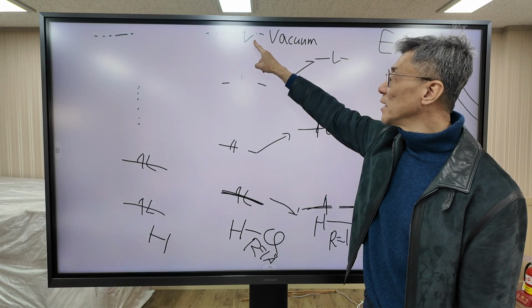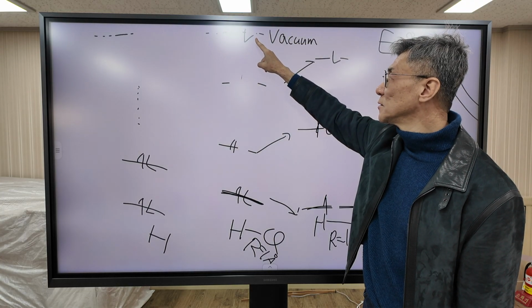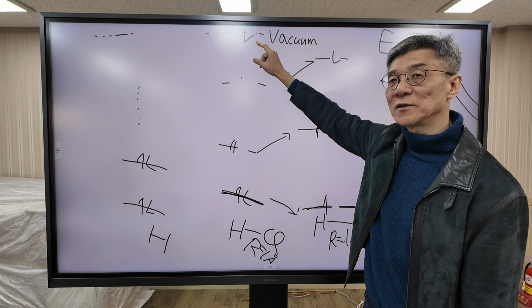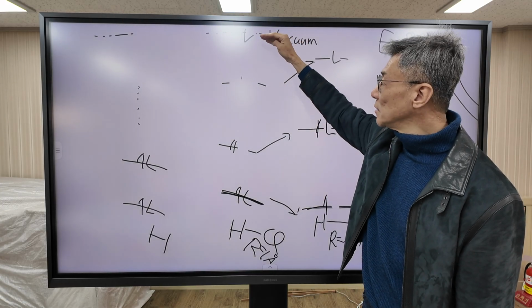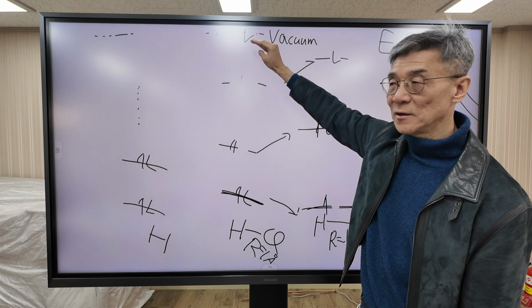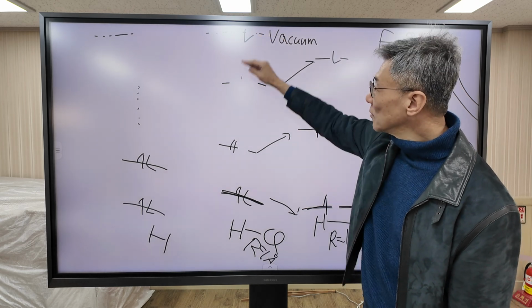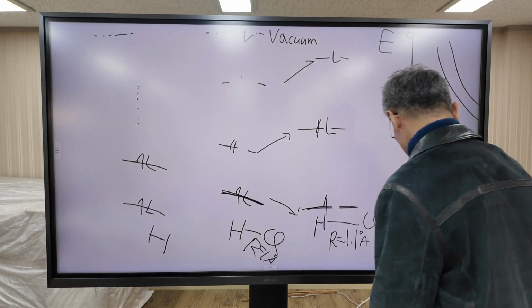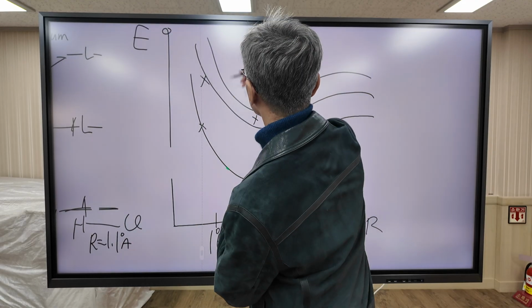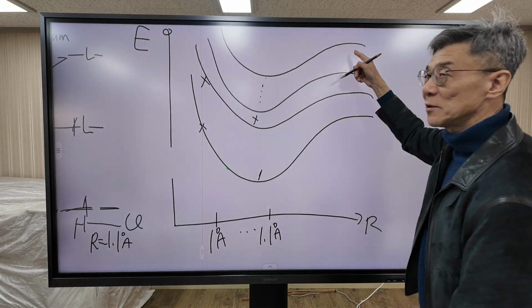The electron in this state does not experience attractive force from the nucleus anymore. So this electron is ionized, namely this molecule is a cation. So anyway, with this configuration we can draw another potential curve. Now this potential curve is the cation.